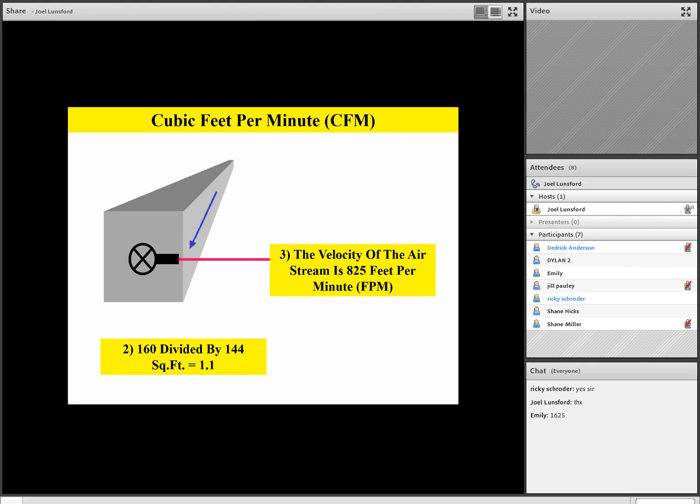So 825 feet per minute times 1.1 square foot duct cross section. The actual CFM moving through that section of duct at that point of measurement is equal to 908. So that 10 by 16 duct, at that 825 velocity, is able to deliver 908 CFM.